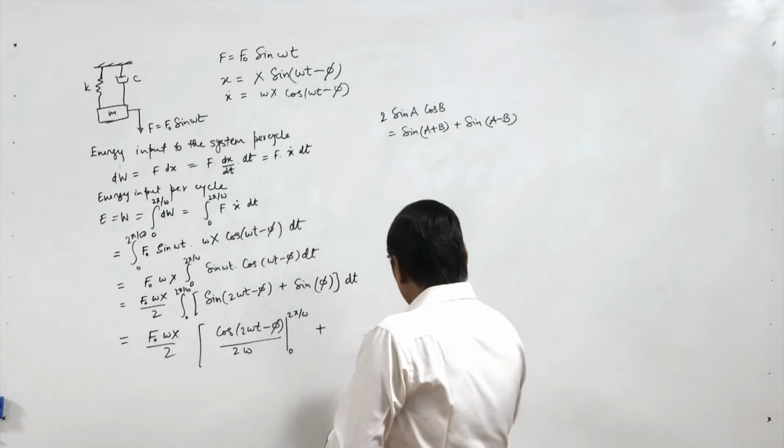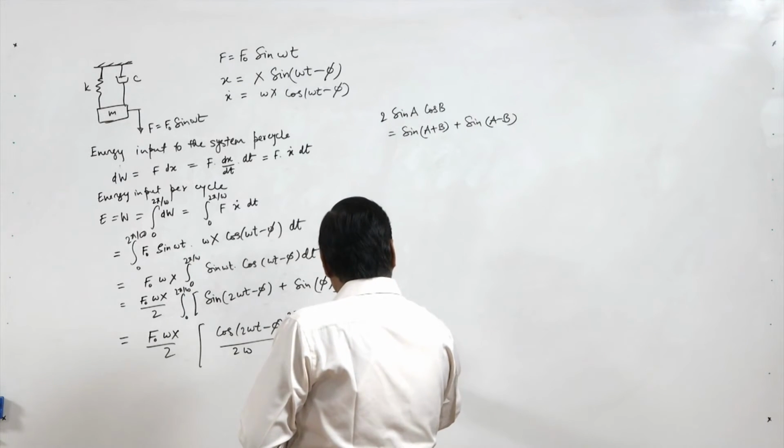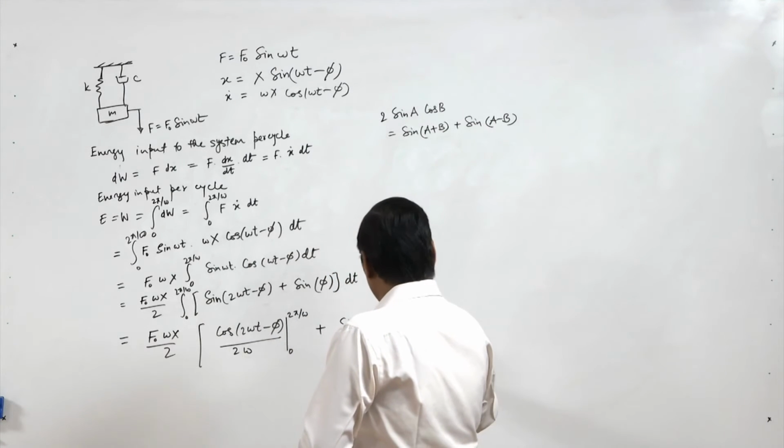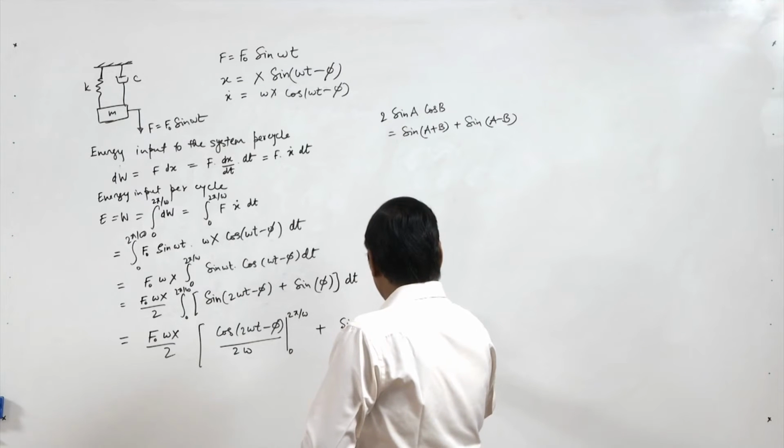So this will have sin phi into t, and this will have the limit 0 to 2 pi by omega.